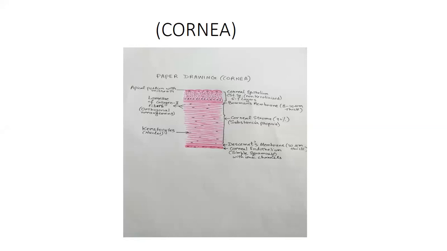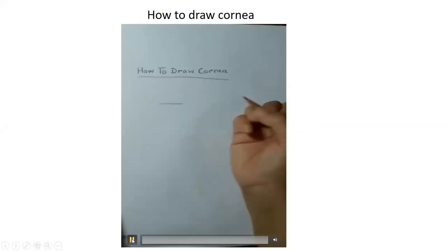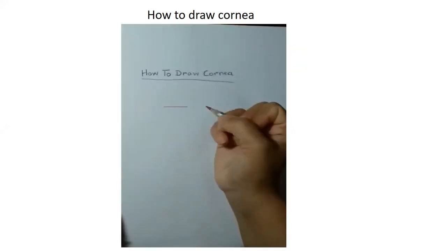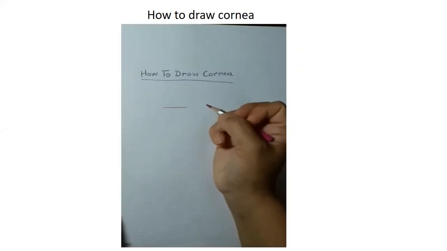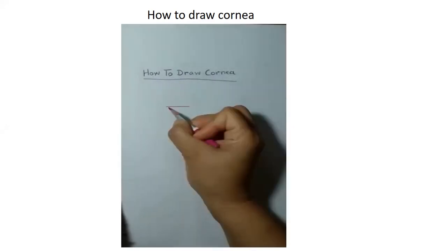So in your sketchbooks, you will draw the cornea like this. And in the next coming slide, I will show you how to draw the cornea. We are going to draw the cornea. Cornea is basically 5 layers. The most superficial layer is the corneal epithelium, that is stratified squamous non-keratinized. Now you will draw like this.